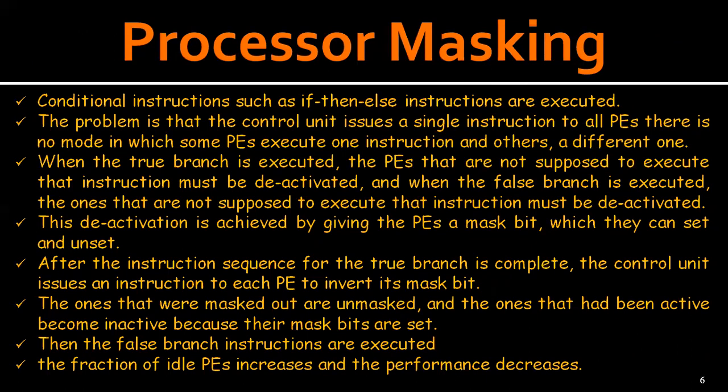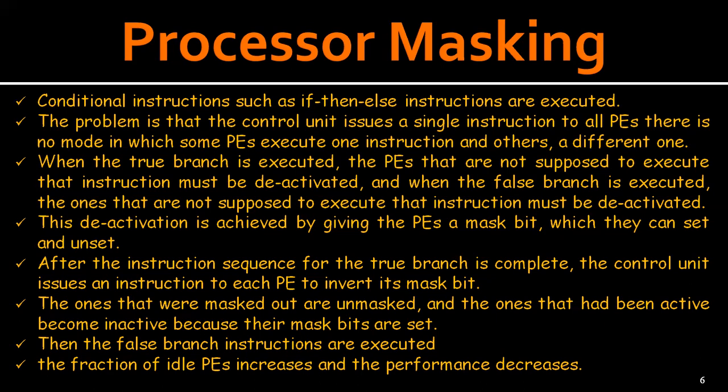It is possible that the true branch needs to be taken in some PEs, and the false branch is going to be executed in other PEs. The problem is that the control unit issues a single instruction to all the PEs, and there is no mode in which some PEs execute the instruction and others execute a different one.